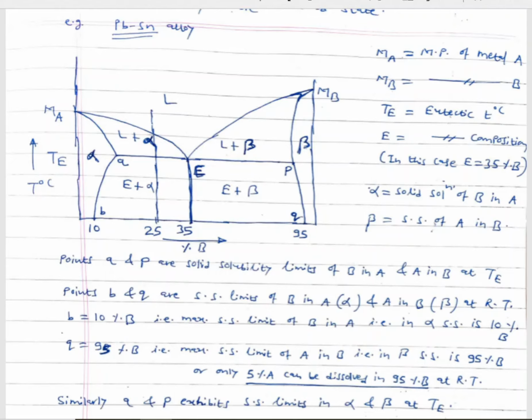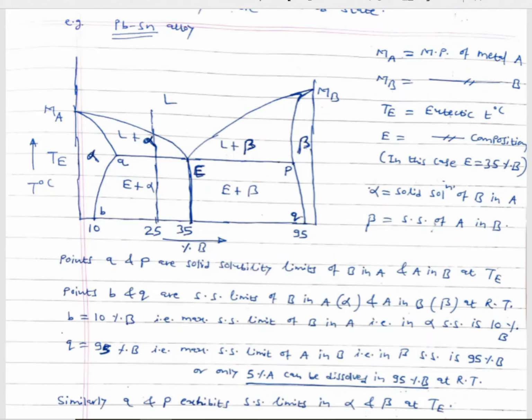As soon as the temperature is decreased below the liquidus curve, some amount of solid alpha particles will start to come out of liquid. And this procedure of alpha coming out below the liquidus curve will continue till temperature TE, the eutectic temperature, is reached.